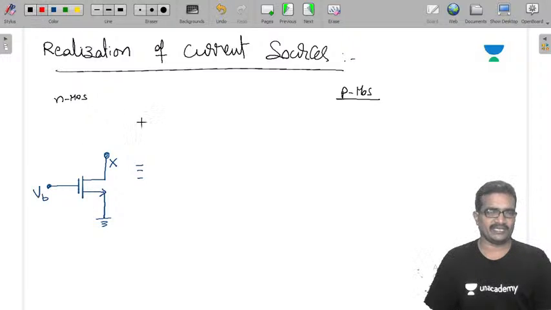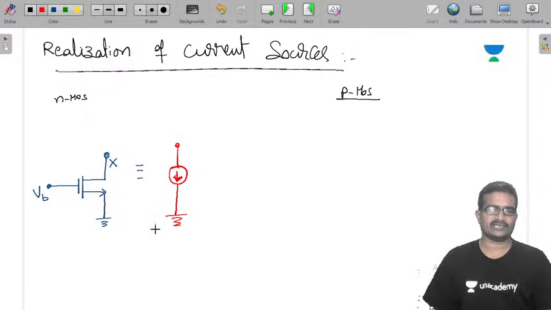Now it can be represented simply by a current source. This is the point X. Now you can replace this one by its current source.